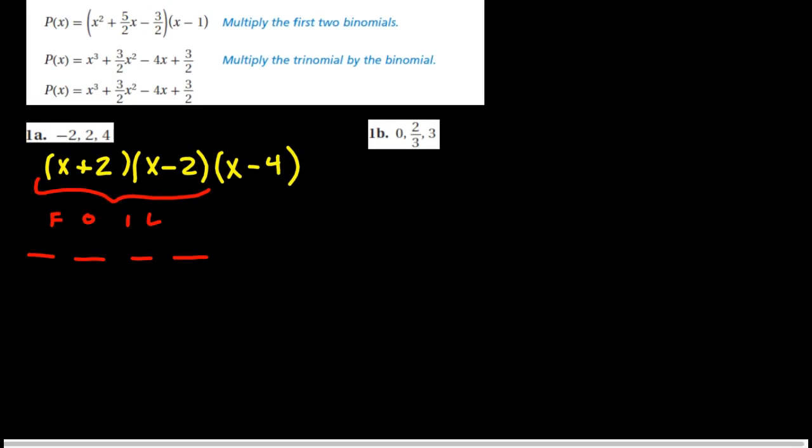So firsts, first terms, that's x squared. Outside terms, that's going to be -2x. I for inside terms, that's positive 2x. And then L for last terms, that's -4. It only works when you do a binomial times a binomial. That's why I think it's dumb.